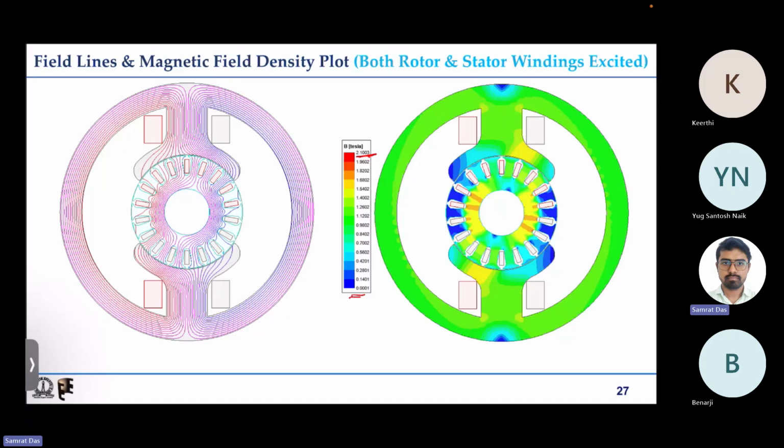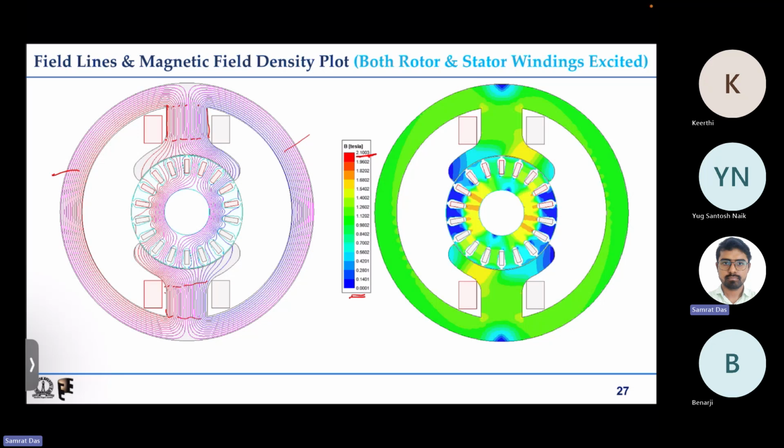Let us start with the stator yoke. There is no noticeable change in the stator yoke in the flux density distribution, at least. And in the stator pole main body also, there is no noticeable change in the flux line distribution.